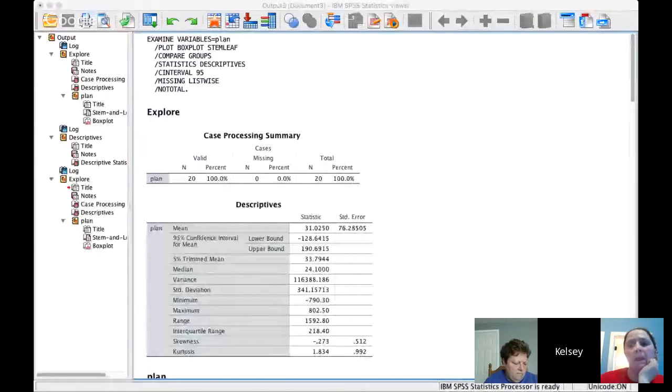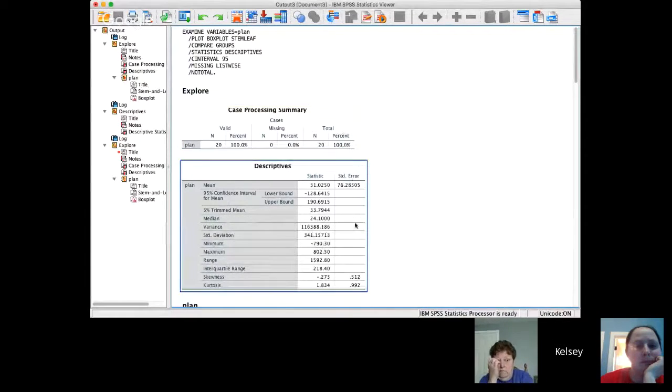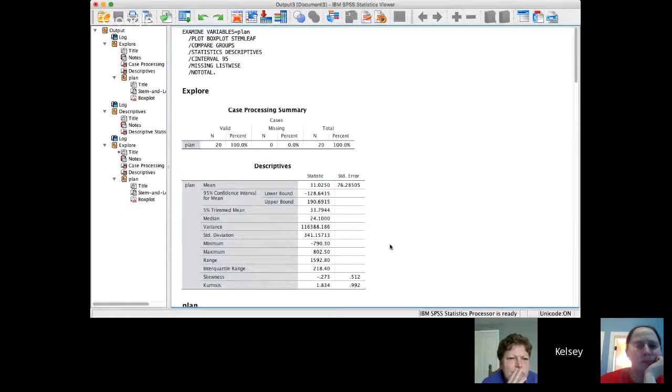Let me show you what mine looks like, because I keep getting a different result. This is what mine looks like. No, that's not what mine looks like.